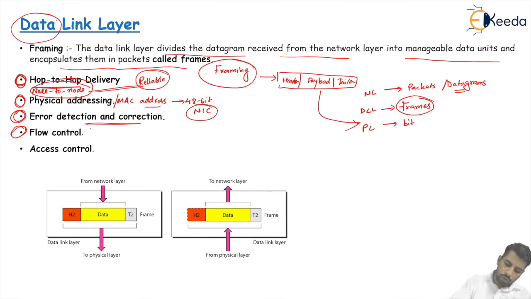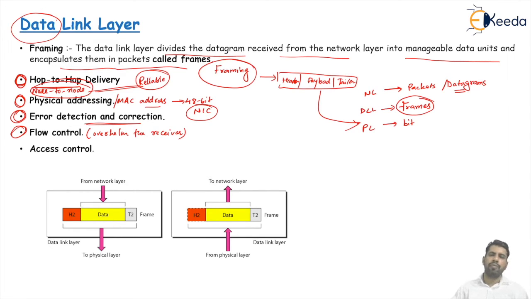So flow control is needed to avoid overwhelming the receiver, or you can say the sender sends data according to the receiver's buffer, meaning how much data can be handled by the receiver. We need some type of flow control so that the sender does not send data that the receiver is not able to handle, and packets get dropped. This type of condition will not occur.